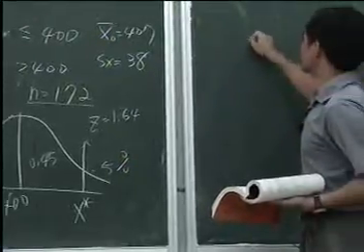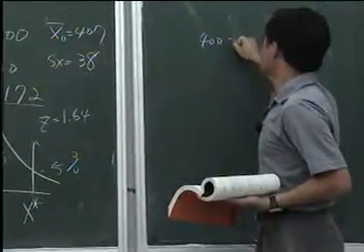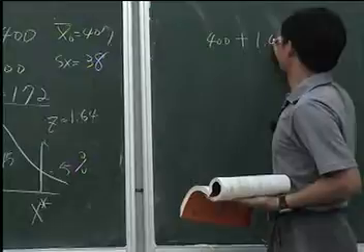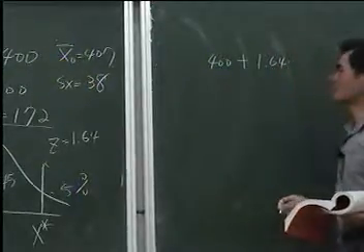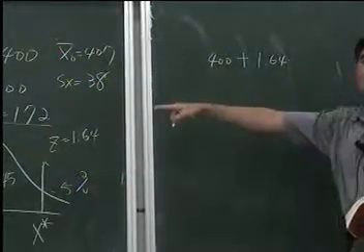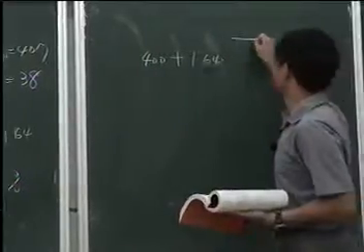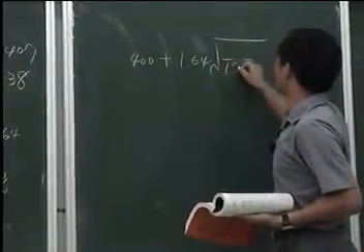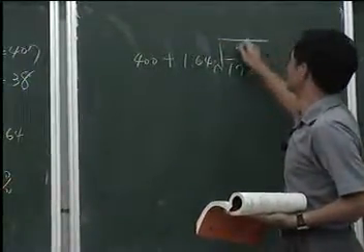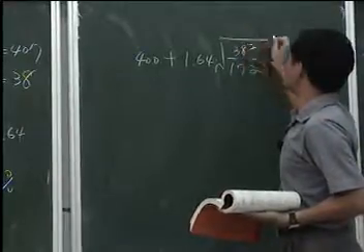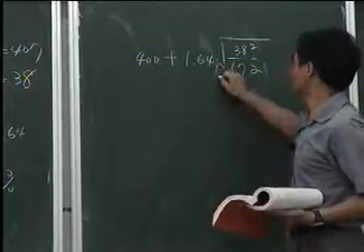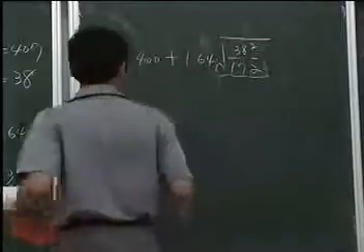So the critical value should be 400 plus 1.64 times, because you have that many samples, right? 172. And here it is 38 squared. Can anyone tell me what this number here is? Use your calculator.